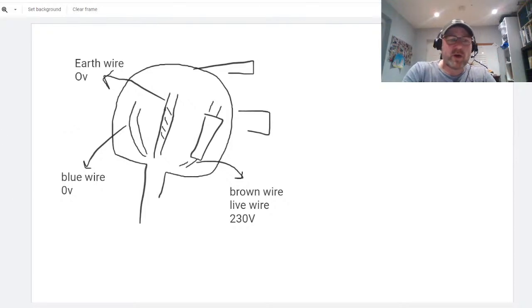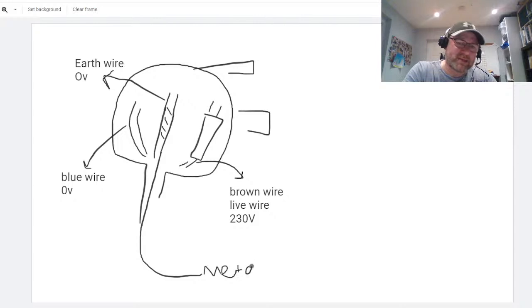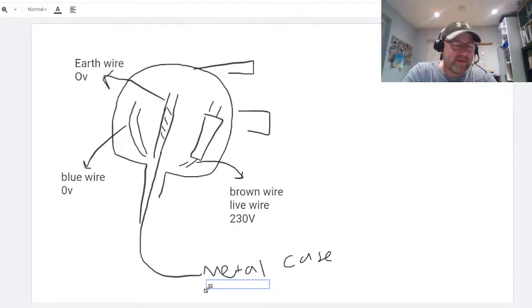You need to know the earth wire, this one, is connected to the metal case. So the earth wire is always connected to a metal case on your appliance. So on your fridge, the outside of your fridge is metal, it'll have an earth wire connected to it into the plug socket.